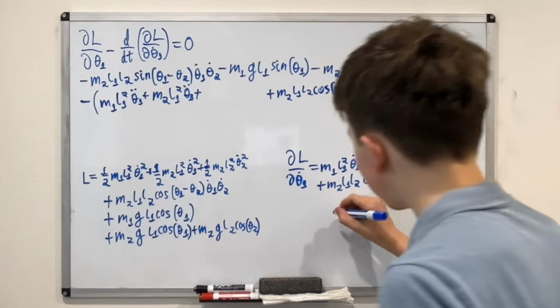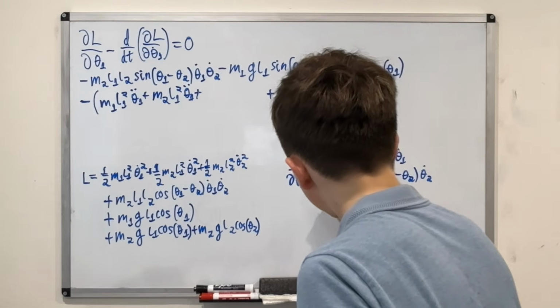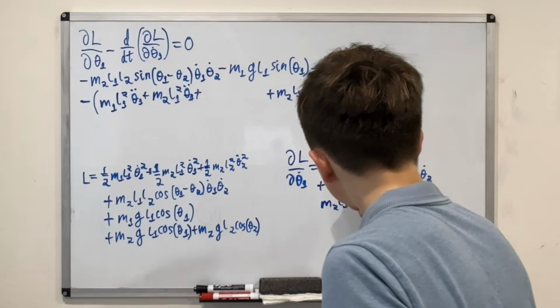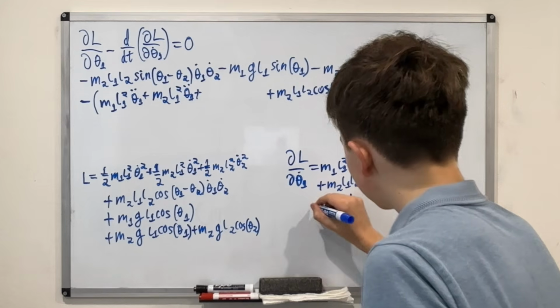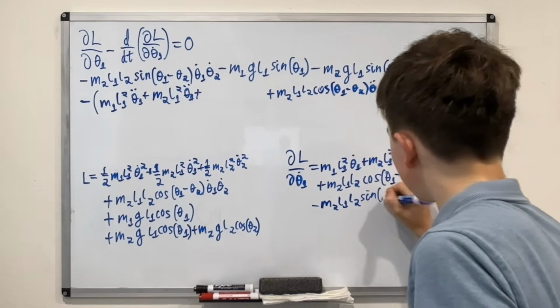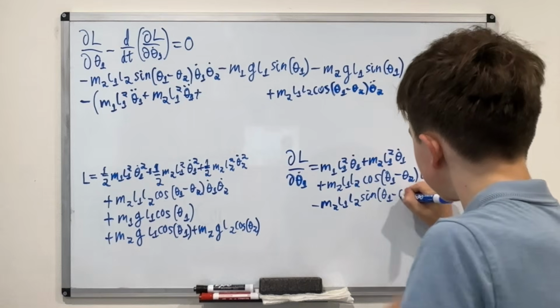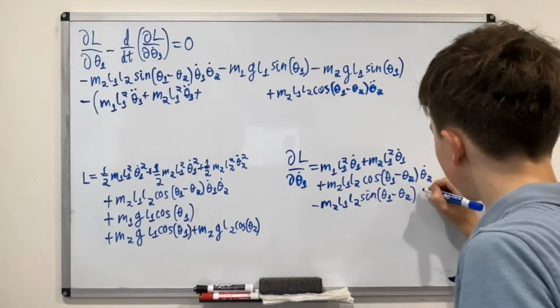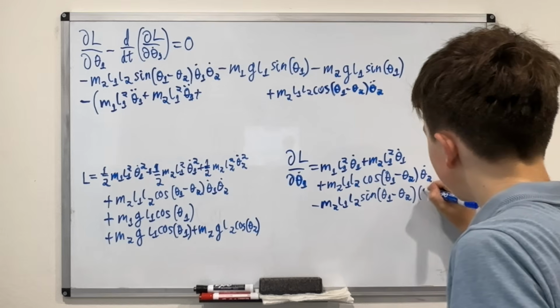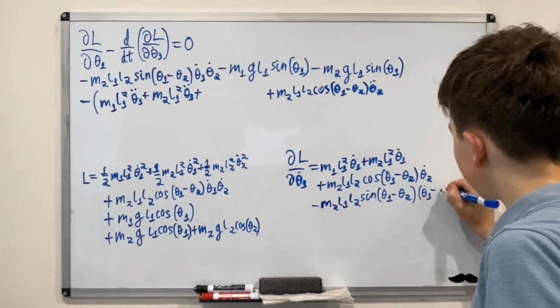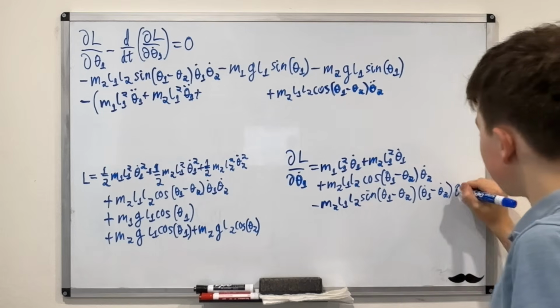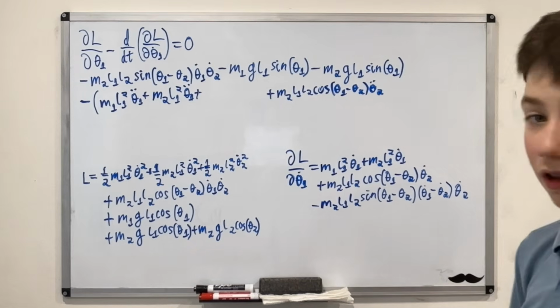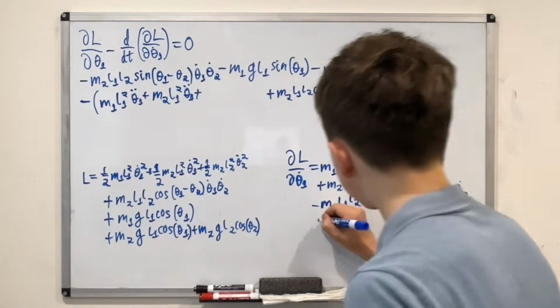So this is going to be a bit messy. So we're going to have M2 times L1 times L2 times sine of theta 1 minus theta 2. Of course, that's negative. Times theta 1 dot minus theta 2 dot. And we can't forget about the theta 2 dot at the end. So of course we can distribute this.